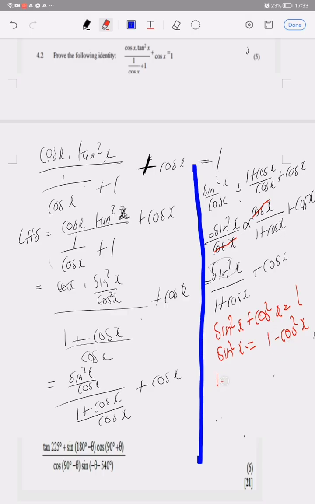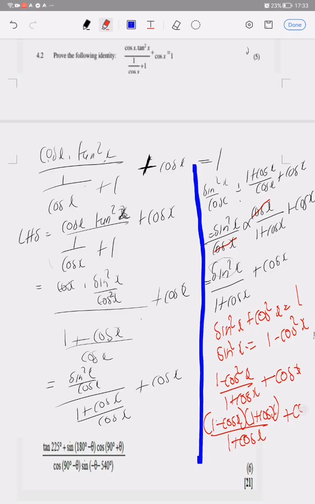So it's going to be 1 minus cos squared x over 1 plus cos x, plus cos x. All right, so this is a difference of 2 squares, so it's 1 minus cos x times 1 plus cos x over 1 plus cos x, plus a cos x, right?